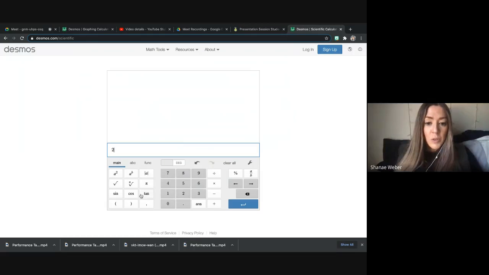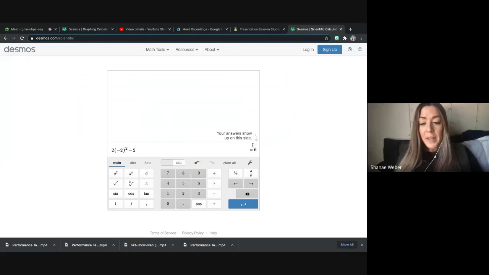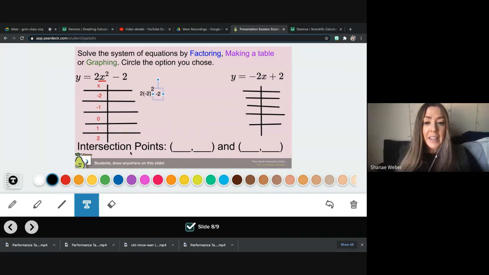For squared, you're going to hit the squared button, then -2. And I get 6. So that means my y value is 6 when x is -2. So here's 6, and I'm going to plug in 6 here.